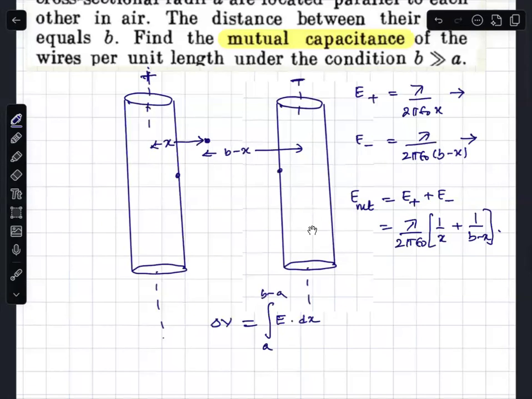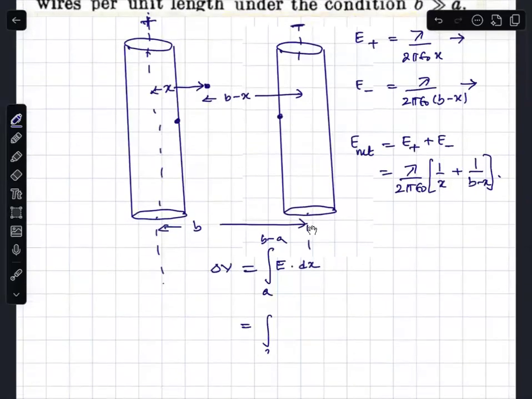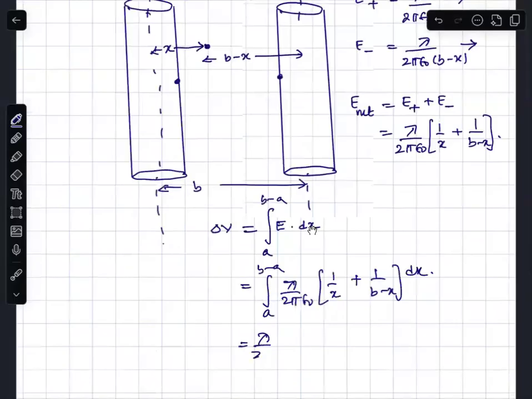From this axis, this surface is at a distance a, and the other surface is at a distance b minus a, because b refers to the axis distance. So by doing this, you will have the integral from a to b minus a of lambda by 2 pi epsilon naught, into (1 by x plus 1 by (b minus x)) dx. Remember, this is lambda by 2 pi epsilon naught. You know, 1 by x dx is a log. Log of (b minus a) by a.